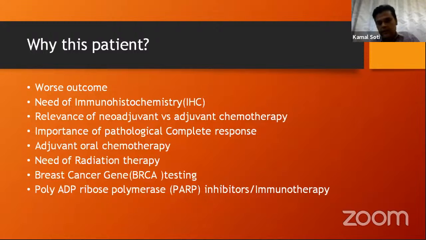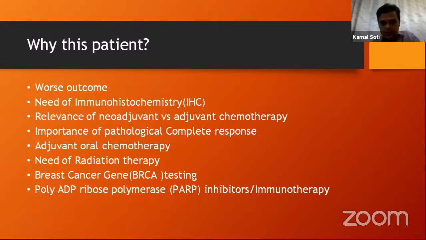And yes, we need to explore the different treatment options of giving chemotherapy before or after the surgery. The relevance of knowing about the pathological complete response and adding adjuvant chemotherapy in such patients to improve the treatment outcome should be discussed in a forum like this.